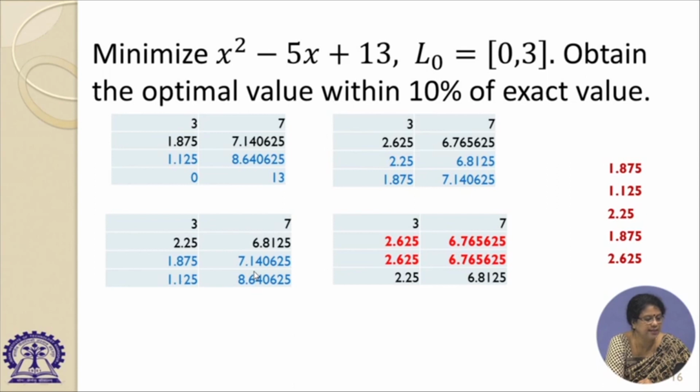And what you can see is that the functional value is decreasing, then increasing further, again increasing. That is why you are sure that there cannot be any minimum between 1.125 and 1.875. That is why the new interval of uncertainty we can define from 1.875 to 3.